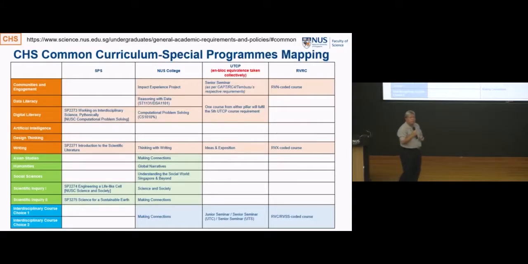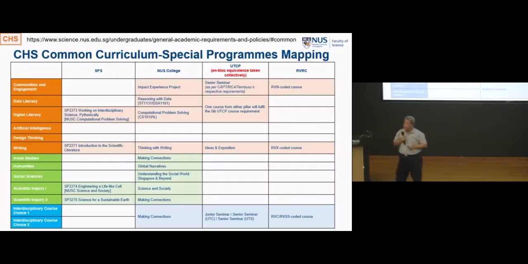Now, very many of you already would have decided that you are going to take a residential college, stay in NUS College, or maybe you will be in a special program in science, or RVRC, which is the college.